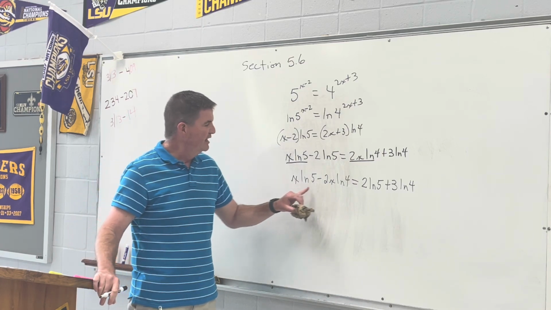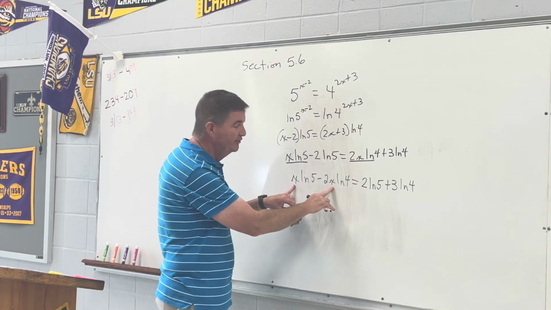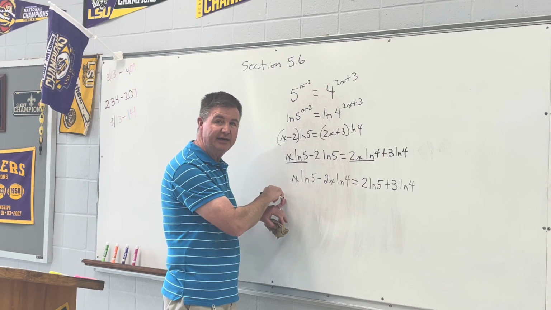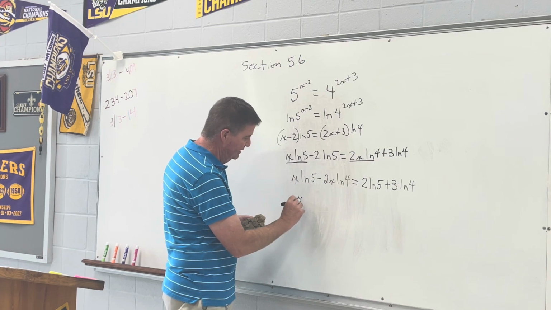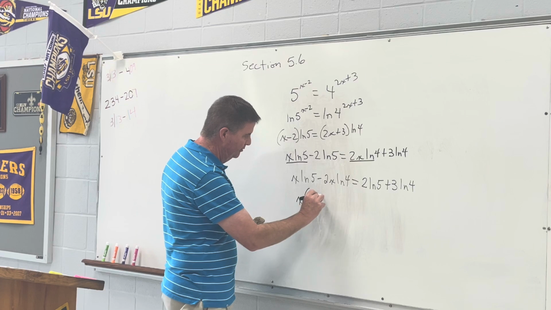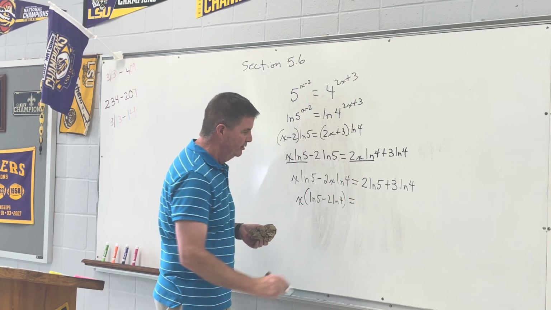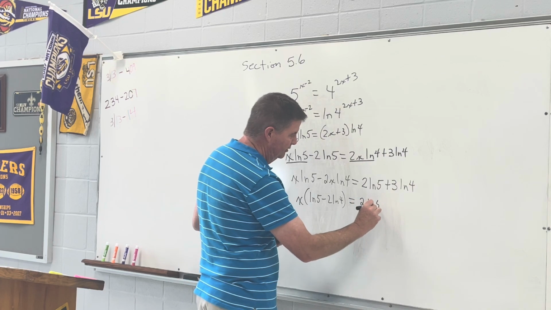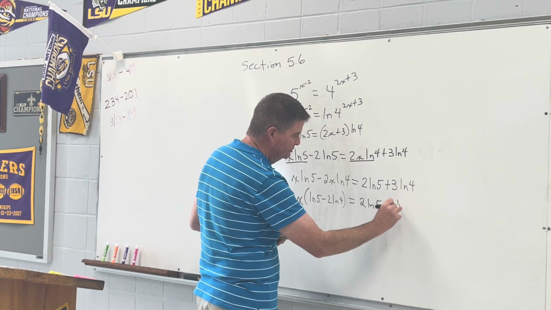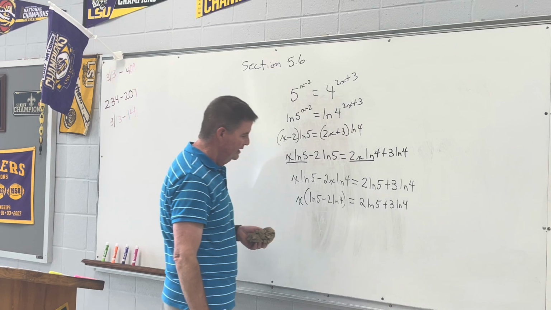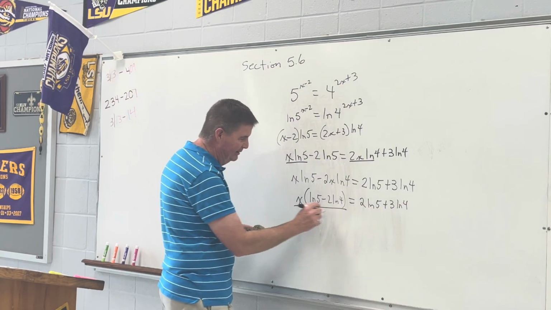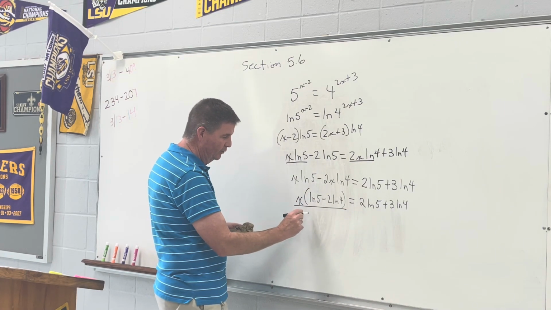The reason I wanted the x on one side is because now both of them have an x in it. I can factor an x out. So I factor an x out and I'm left with x times natural log of 5 minus 2 natural log of 4 equals 2 natural log of 5 plus 3 natural log of 4. And now I can divide by this, because that's what I don't want.